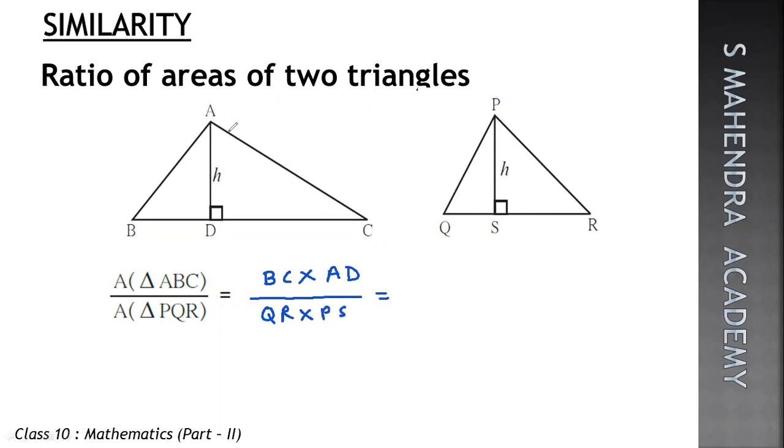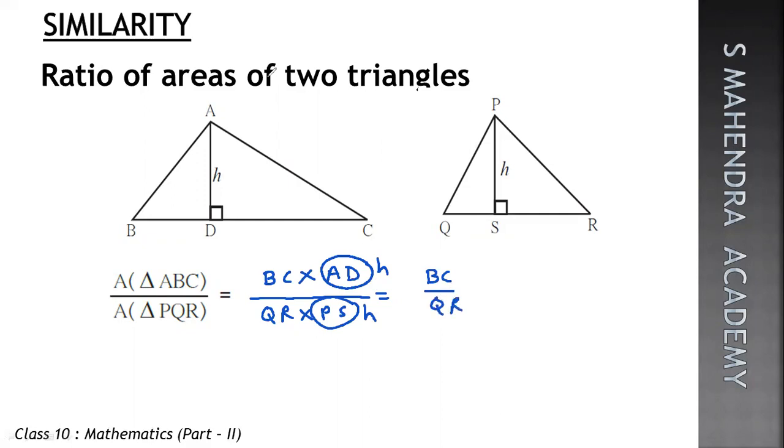Here in this example, the height AD is equal to H, and in the second triangle the height PS is also equal to H. So this quantity will get cancelled out and the final output will be BC upon QR.